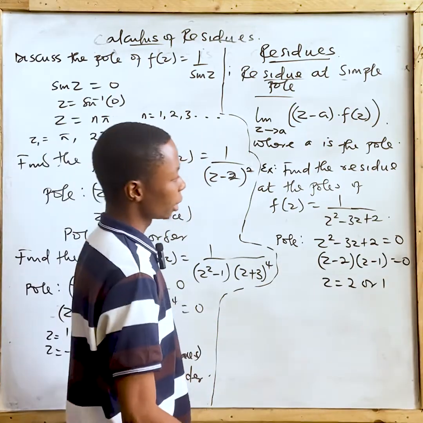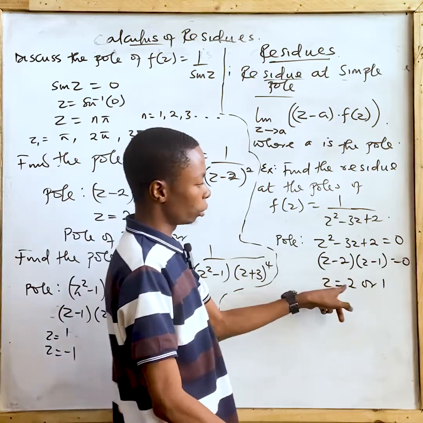Now we want to find the residue at each pole. One is 2, the other is 1.